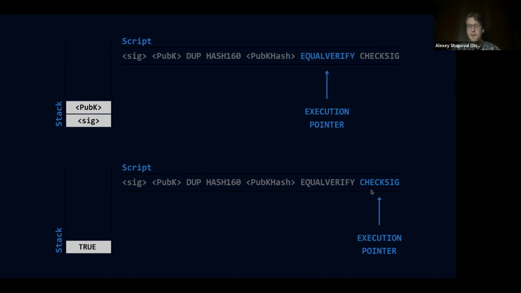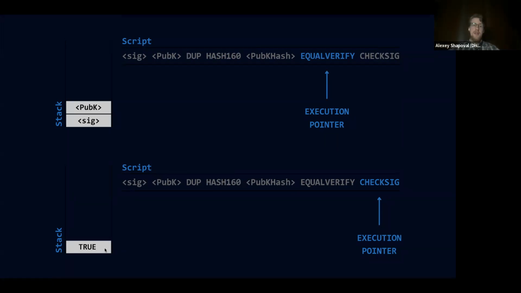And the checksig operator verifies this signature for this public key. And if the signature is valid, then we are left with only one value in the stack, and this value is Boolean, which equals true.